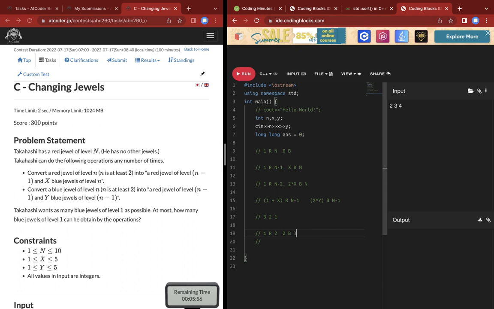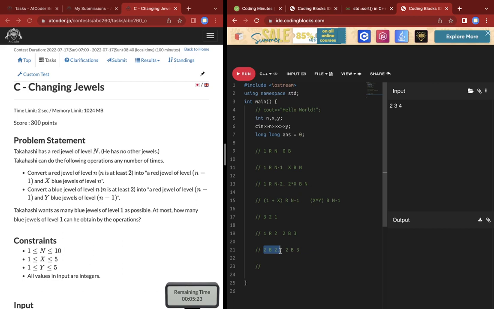Level 3 only. Right, and now we can either go and remove all reds to make 2 blue 2 and 2 blue 3, right?